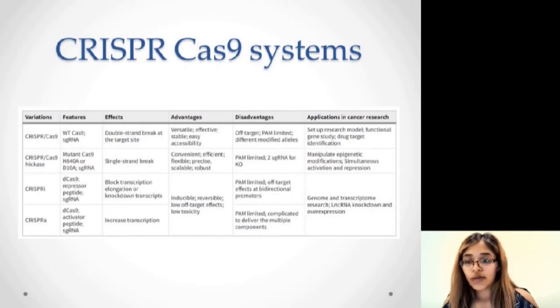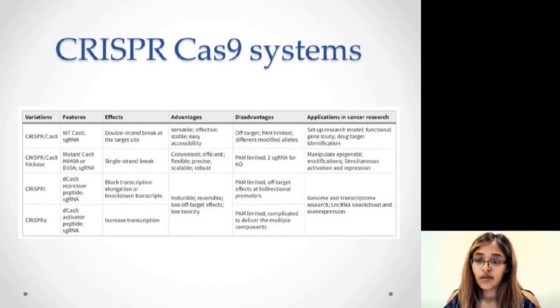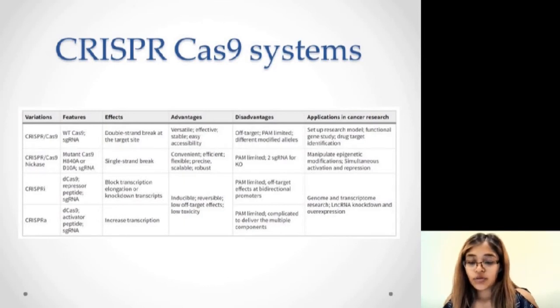We also have CRISPRa, which activates the dCas9, and therefore transcription is increased. And then we also have the CRISPR-Cas9 nickase, which is very similar to the wild type CRISPR-Cas9, but it differs in that it only cuts a single strand, so it makes a single DNA strand break.